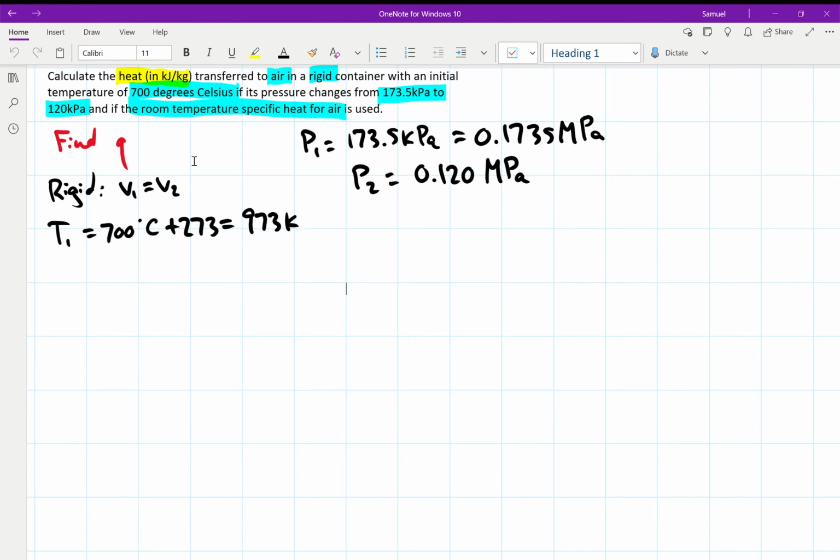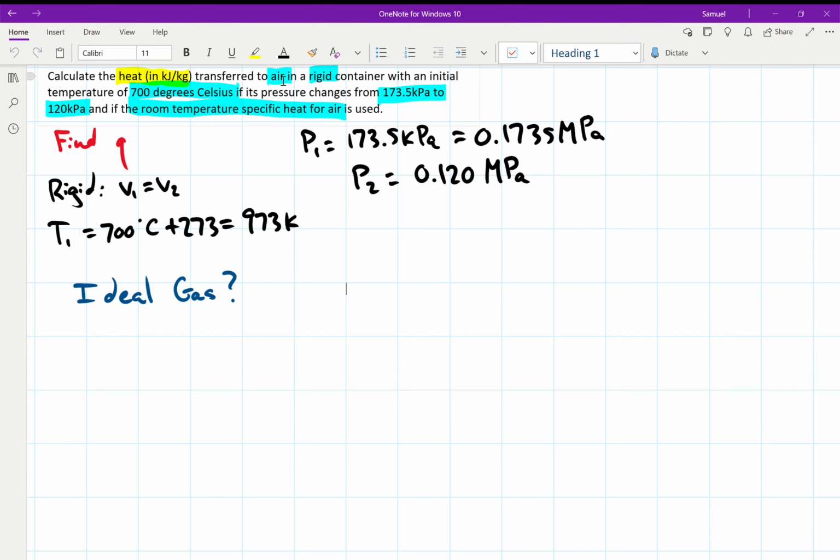Alright, continuing with this problem, we were told that the substance that we are working with is air. Whenever I hear air, one of the things I want to look at is to decide whether we are dealing with an ideal gas, because if we are, there is a very simple equation that we can work with.